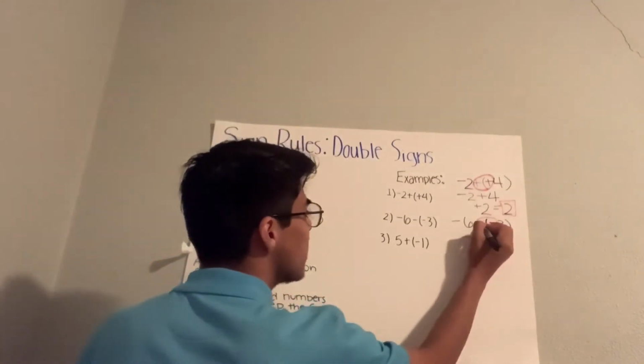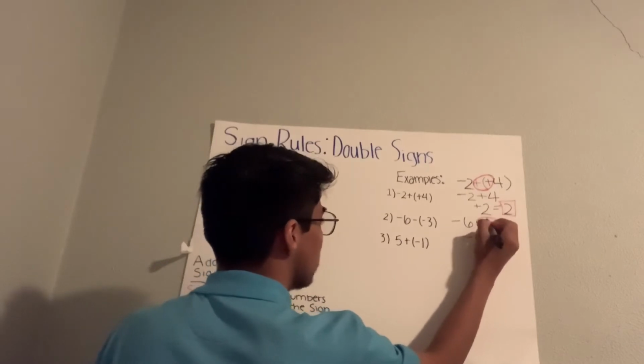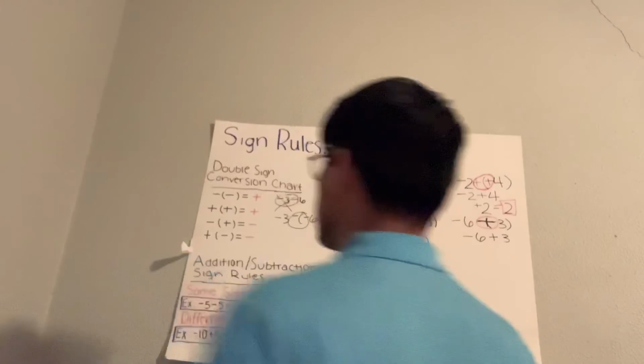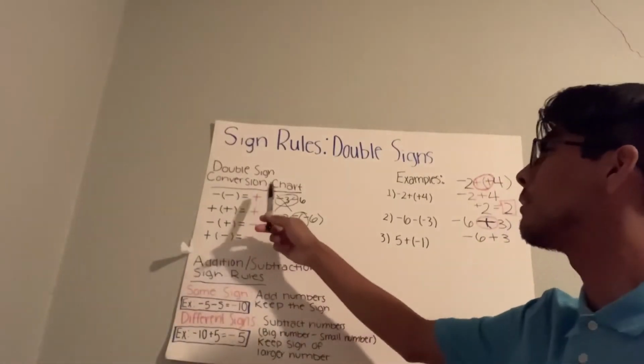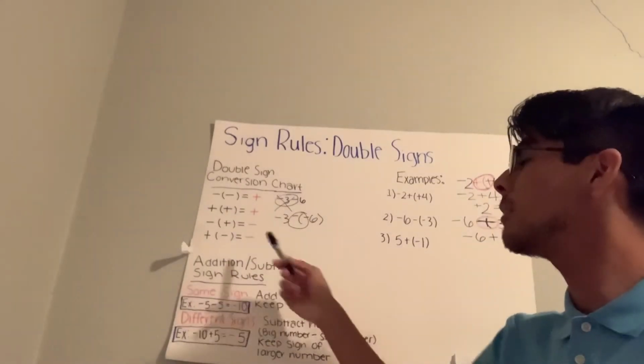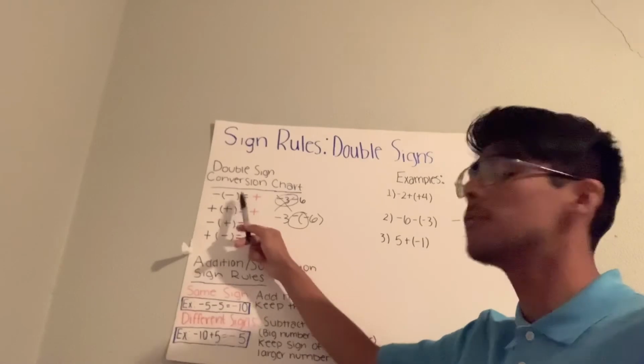So I would just connect these two together to remember that it's a big positive sign. So that could also help you remember instead of using the first one on the double sign conversion chart. But if you can't remember it, then just look back at your conversion chart.